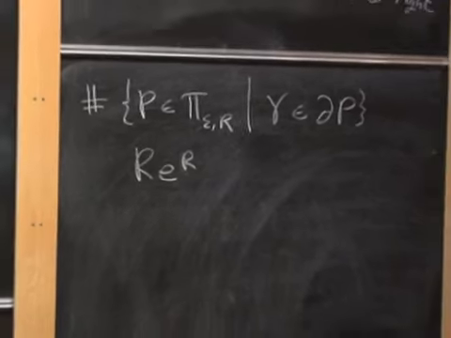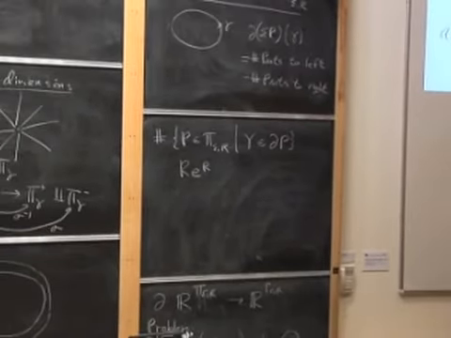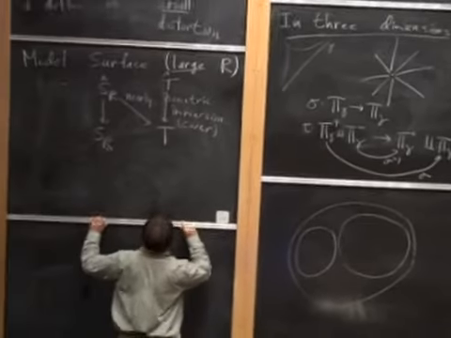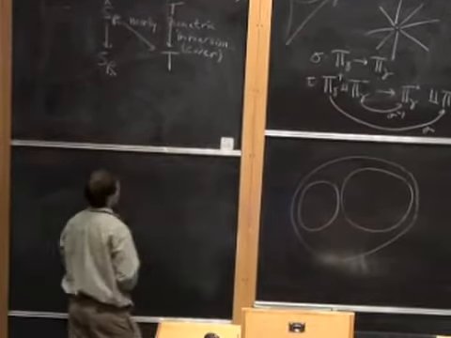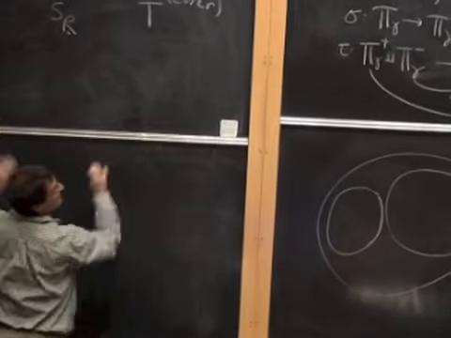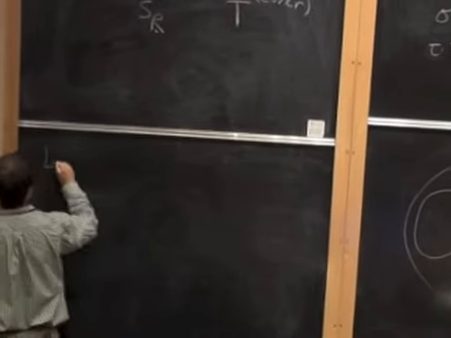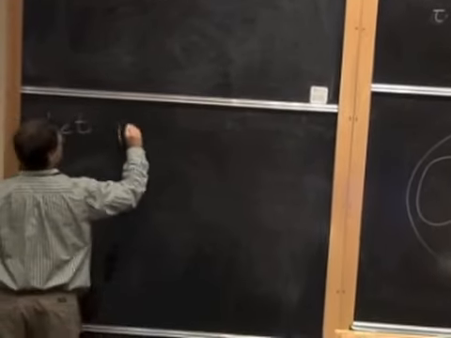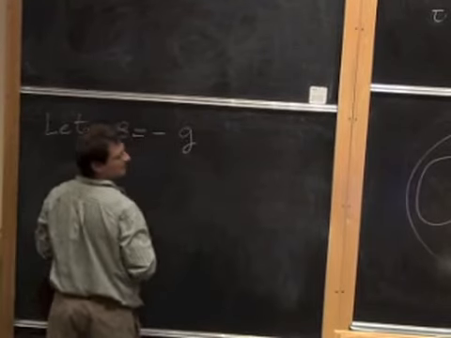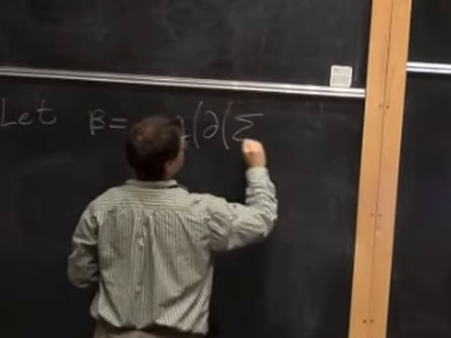And then the point is that, let me start again over here. If I have this correction function, the idea is I let beta be minus G of the boundary of the sum of pants.